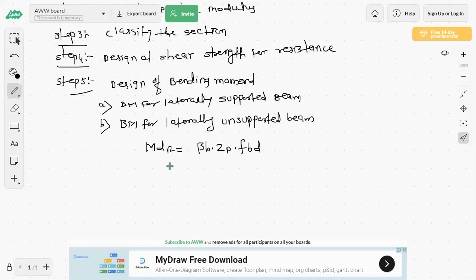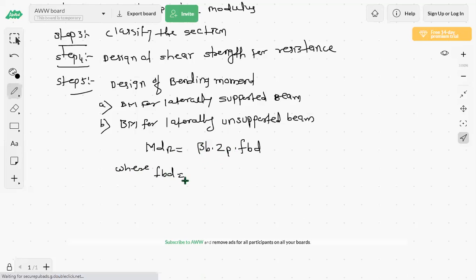So what is FBD? Beta B value is 1, and ZP value we have calculated in step number 2. But how to calculate FBD? FBD is the design bending compressive stress.